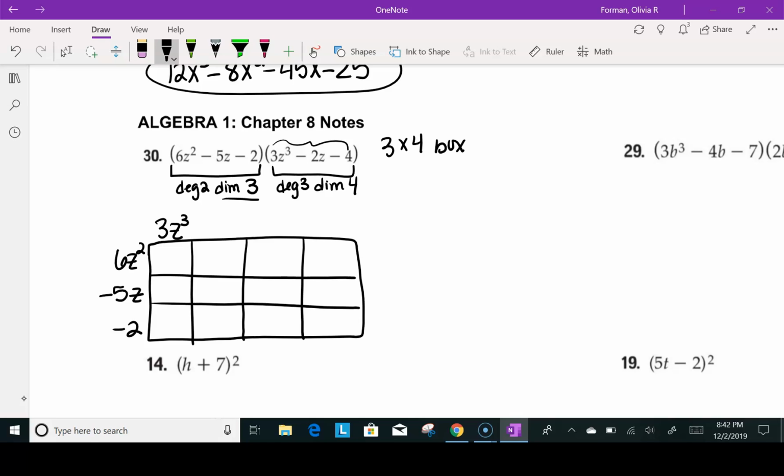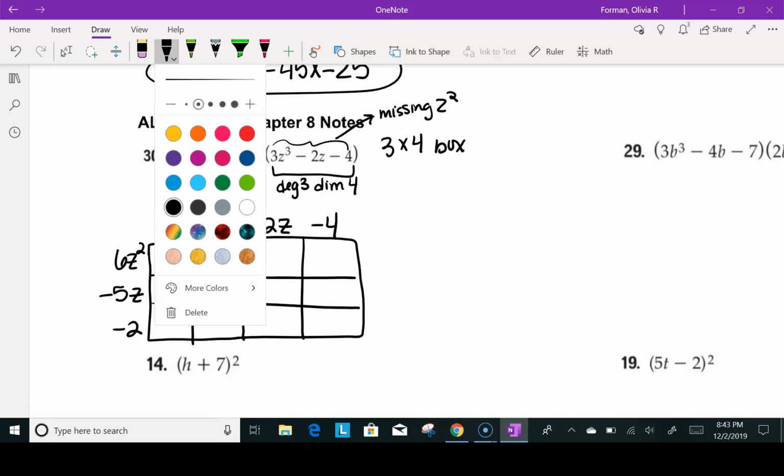I see that I'm missing z squared. So that is going to go as a 0z squared right here. I have a negative 2z here, and then I have a minus 4. If you forget to put the 0 in, that's okay, but what's going to happen is your diagonals aren't going to match up. You're going to have to search for your terms that combine.